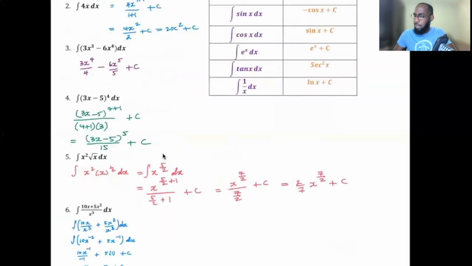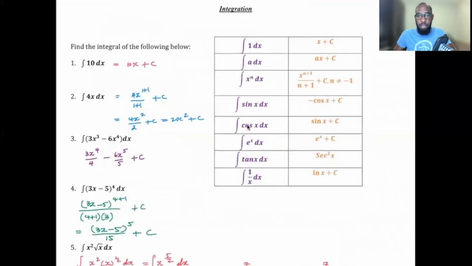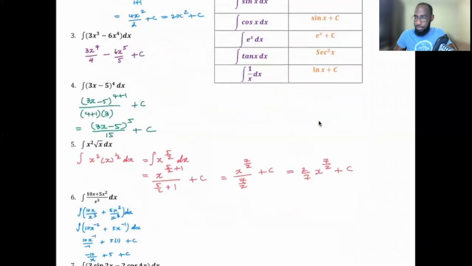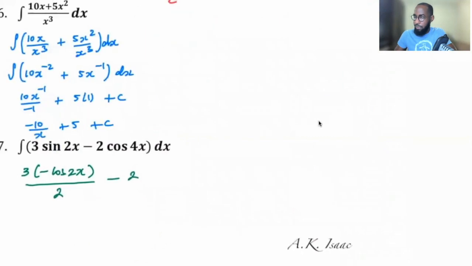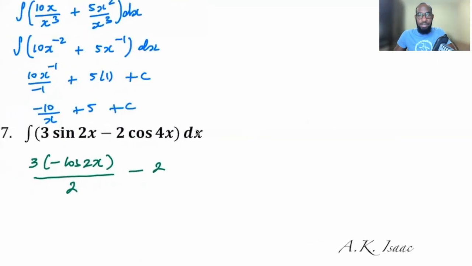So the integral of cos x is sine x. So therefore, the integral of cos 4x is sine 4x, right? And when you differentiate 4x, you will get 4, so you divide that by 4. Whatever is the differential answer, that is what you have to divide it by.